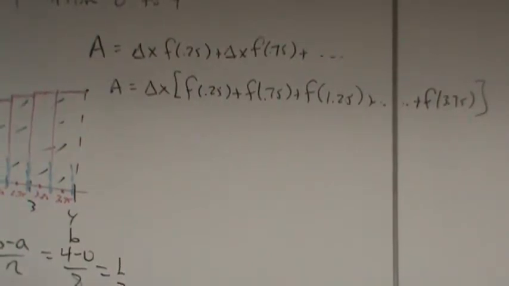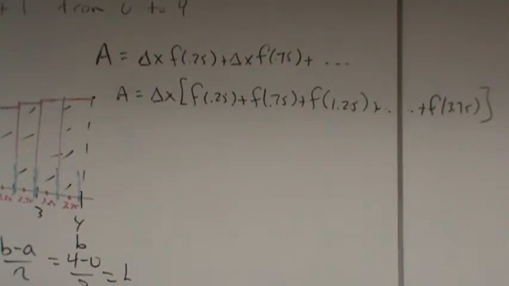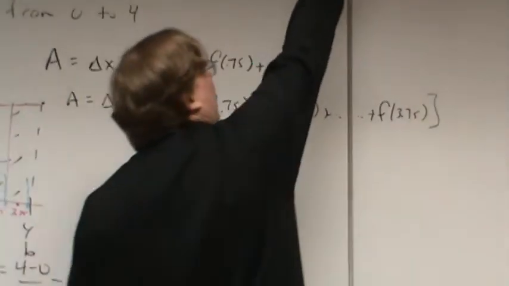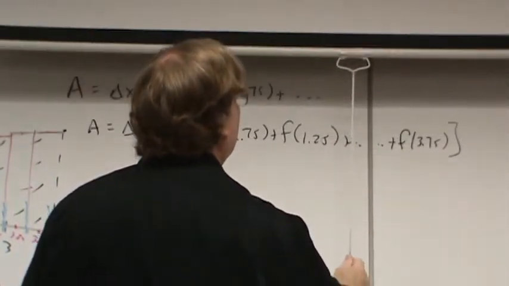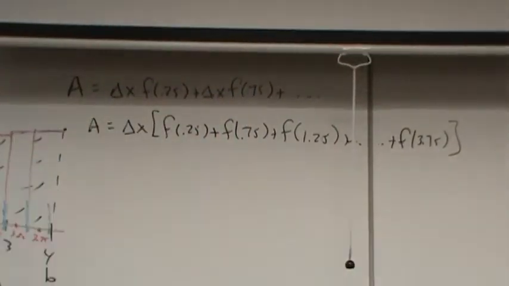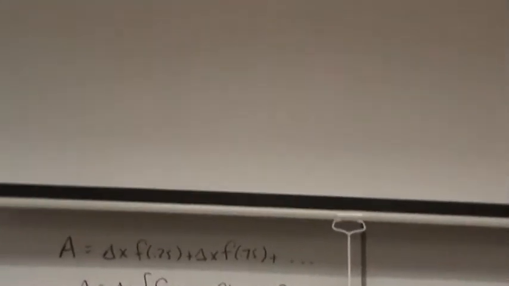Now, does anyone know how to use the table on their calculator, where you can designate what delta x is and put in a function and it finds all the y's for you? Well, if you know how to do it, do that. If you don't, then just do it the hard way. Frankly, I don't know if I know how to do that.